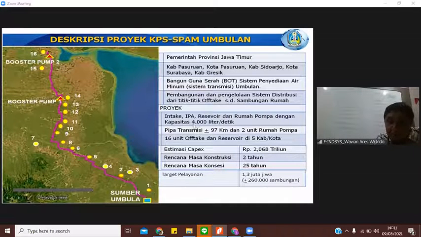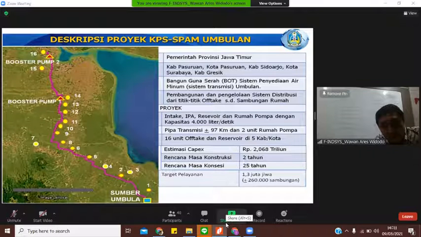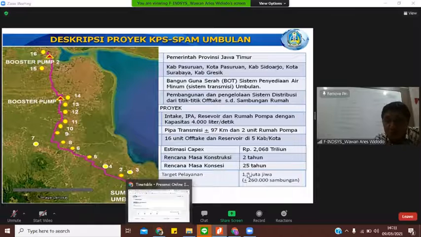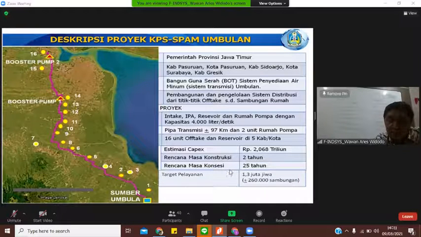And the flow rate from the Umbulan source is about 4,000 liters per second or 4 cubic meters per second. You can imagine, 4 cubic meters per second. I think it's a huge flow rate.